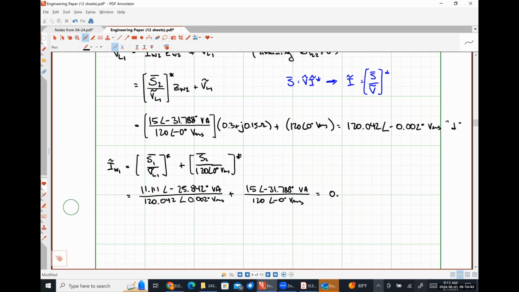We get 0.217 angle negative 29.260 degrees amps RMS, and I'm going to store this as A.